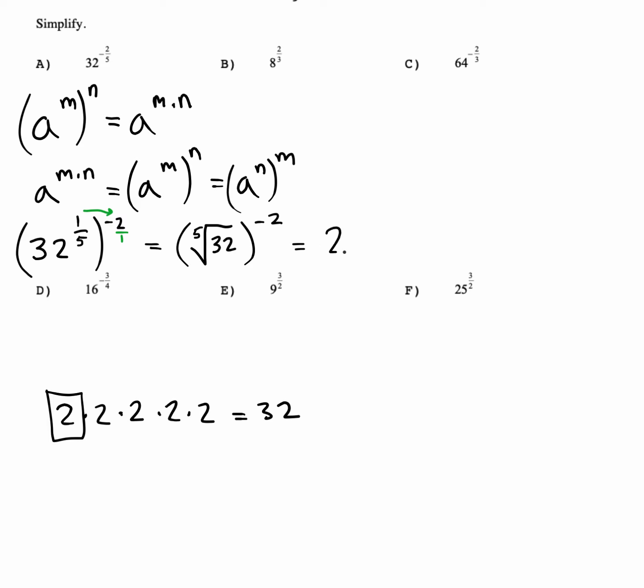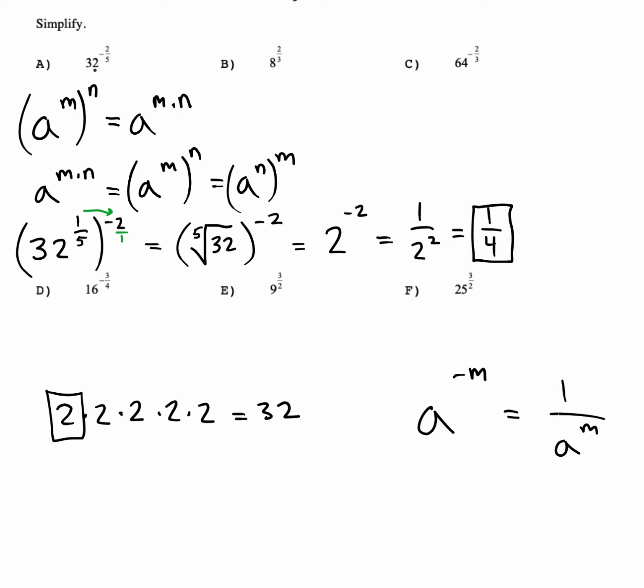So what I really want then is 2 to the -2. Since I have a negative exponent, I'm going to use the rule that a to the -m is equal to 1 over a to the +m. So this is going to be 1 over 2 to the +2, which is 1/4.